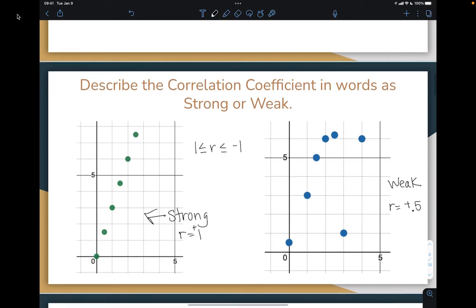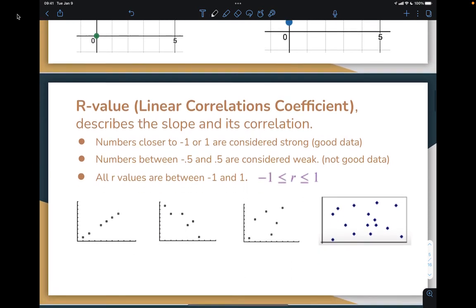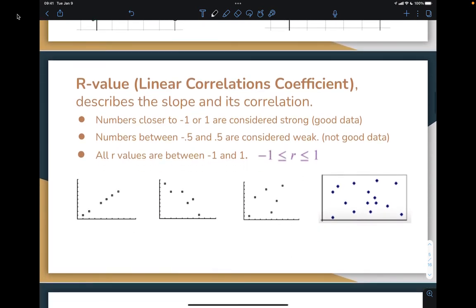Let's really look at our R value now. R value is the linear correlation coefficient, describes the slope and its correlation. Numbers closer to -1 or 1 are considered strong or good data. So if it's -1, it's good data with a negative slope.